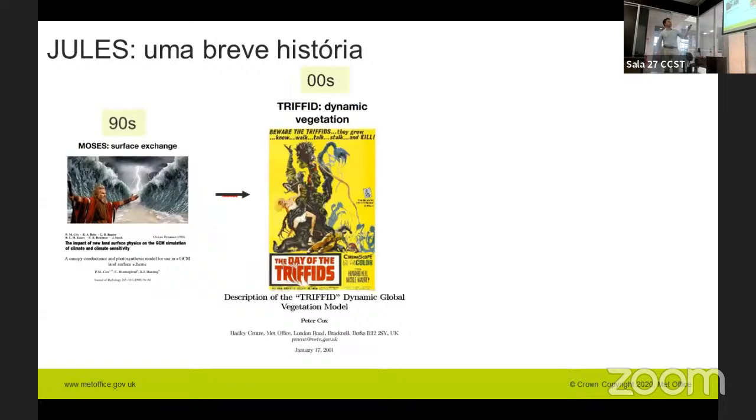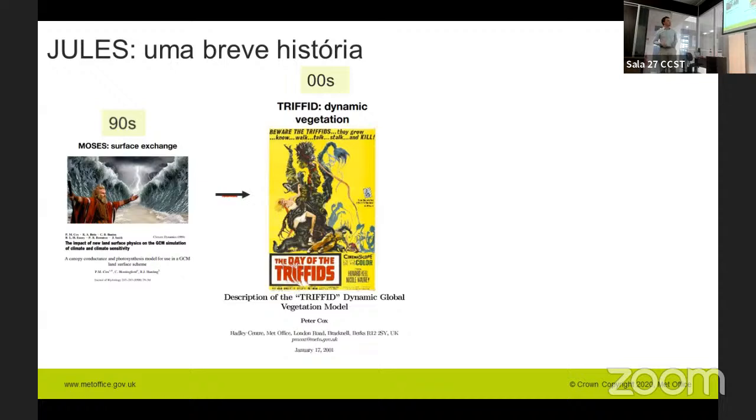Along comes TRIFFID. If you don't know, this is Top-down Representation of Interactive Foliage and Flora Including Dynamics. Something dynamics. Peter's going to hate me for that.